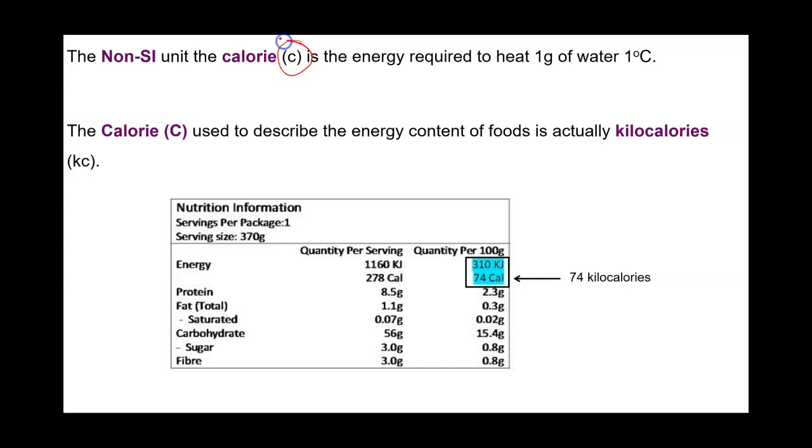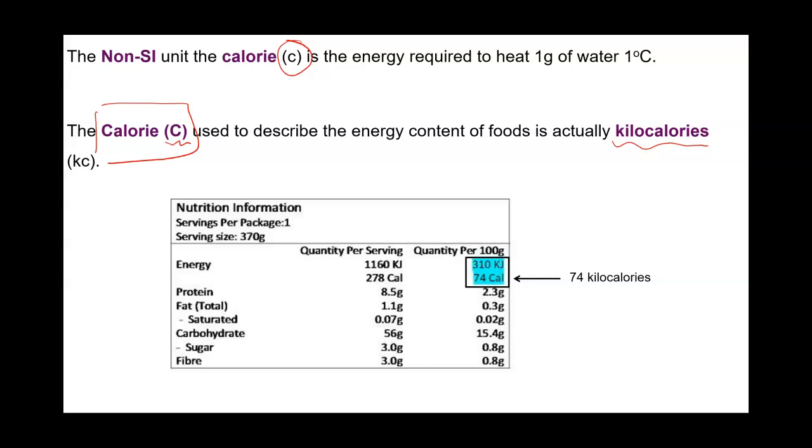The calorie that we're talking about has the abbreviation lowercase c. However, there is also another calorie, sometimes referred to as the nutritional calorie, that has abbreviation uppercase C, and that's often used to describe the energy content of foods. But it's interesting to note that this is actually a kilocalorie.